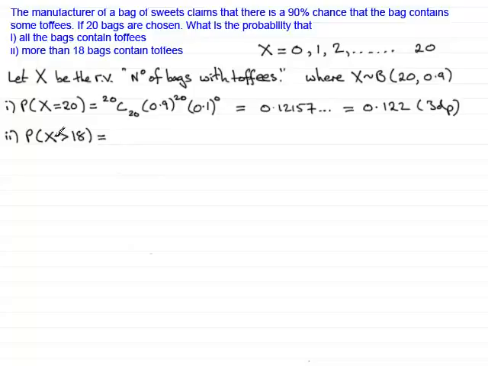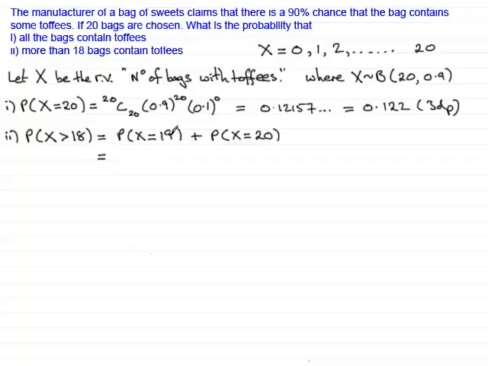So if we're looking for X to be more than 18, it could be that we have 19 bags that contain toffees, or it could be 20 bags that contain toffees, and we'd have to add these two probabilities together.